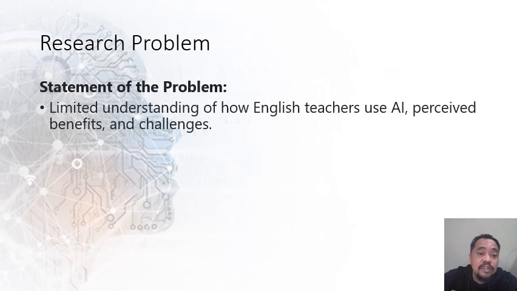Right, let's dive into my research problem, statement of the problem. Now, despite the potential advantages of AI in the classroom, ESL specifically, there is limited understanding of how English teachers use AI, perceived benefits, and also the challenges they face.